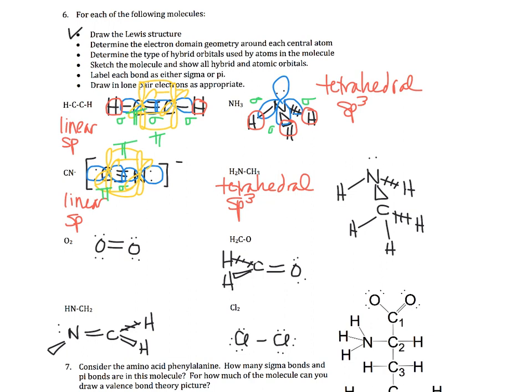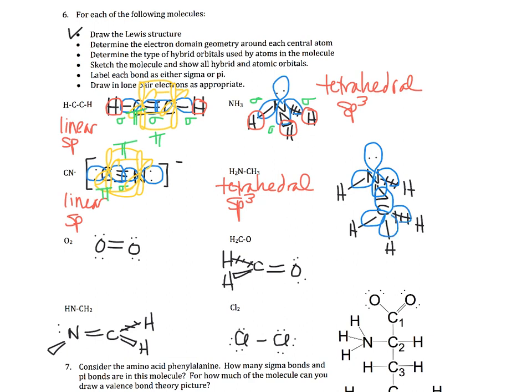In a lot of ways, tetrahedral centers are easiest because they don't have any leftover p's. The only thing that can happen when you have an sp3 center is it can form single bonds or it can house lone pairs. So let's look at what those hybrid orbitals do. So there's a set of 4 hybrid orbitals on the nitrogen, and then there's a set of another 4 on the carbon.